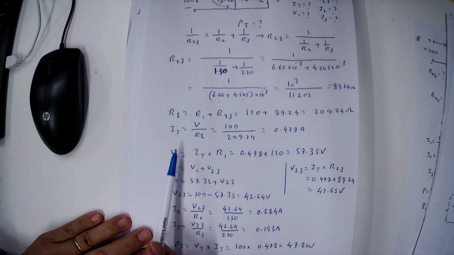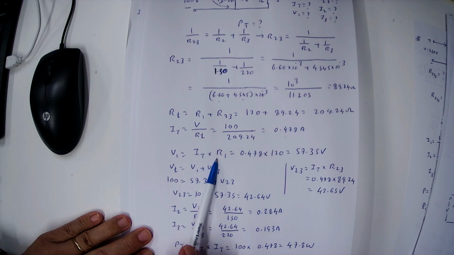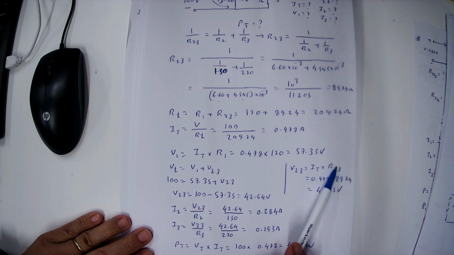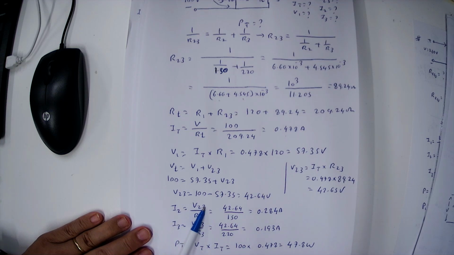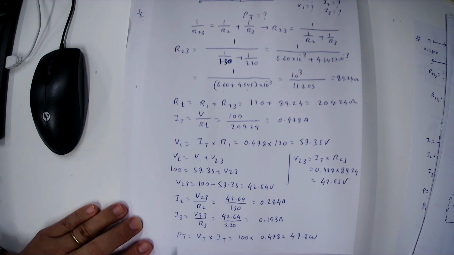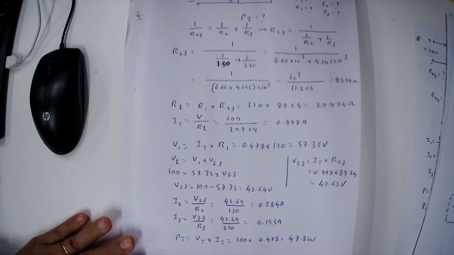We can also calculate the voltage drop across R1, IT multiplied by R1. And then V23 is VT minus V1, or IT multiplied by R23. If you know the V23, you can calculate I2 and I3, voltage divided by resistance R2 or R3. Total power equals V total multiplied by I total. So this is the way we calculate this problem.